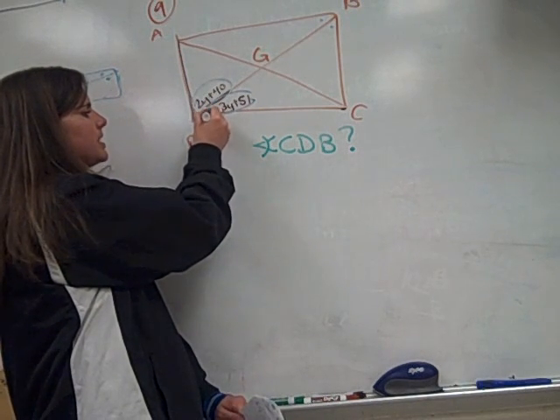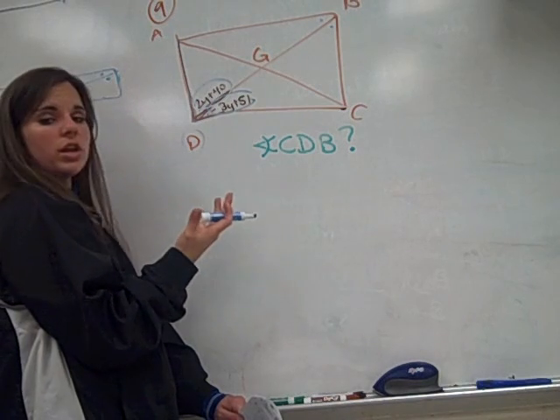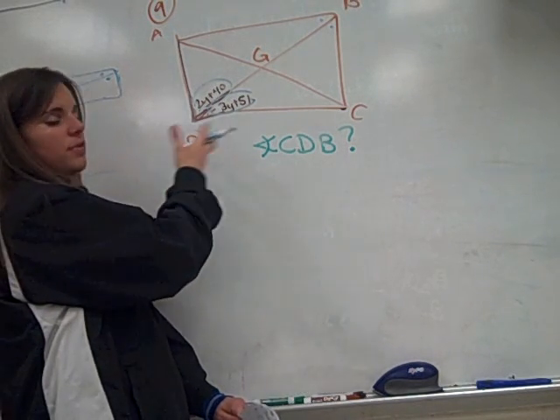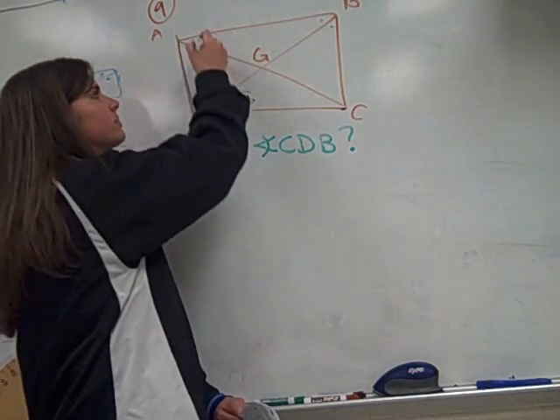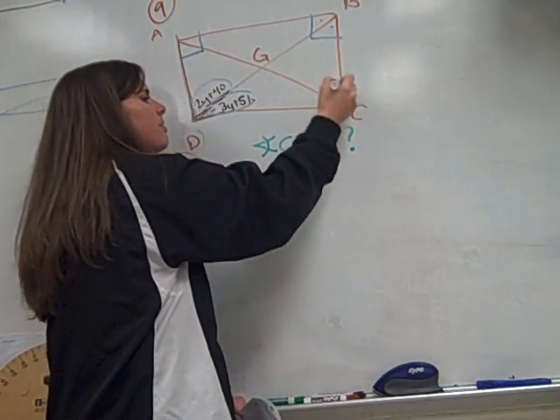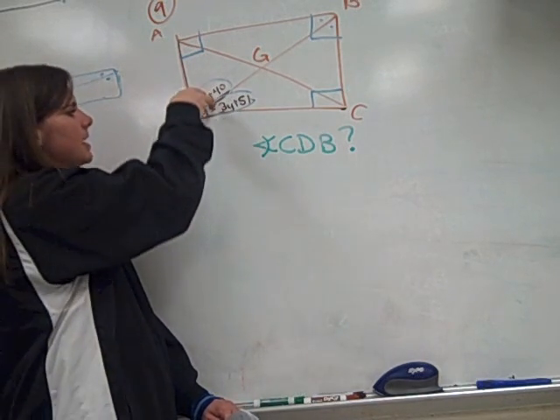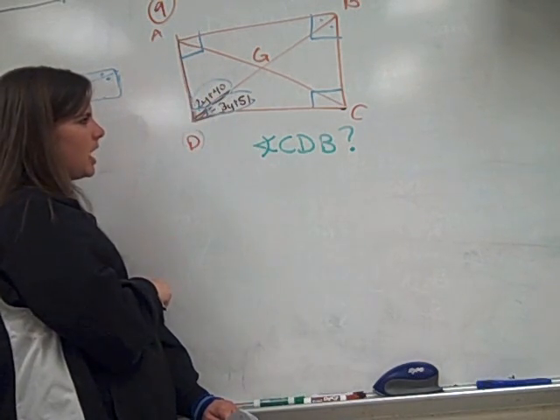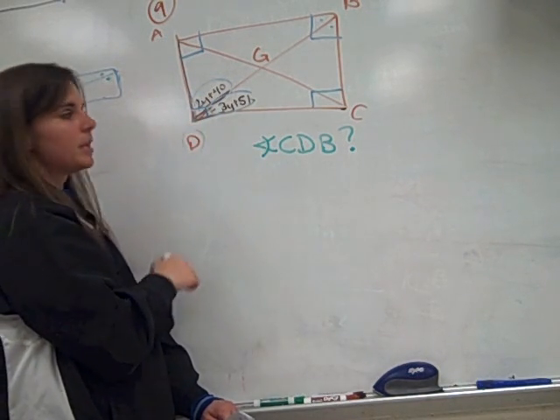What do you know about this angle and this angle? What can you say about them? What do you know about a rectangle? If you get stuck on here, just start writing stuff that you know about a rectangle. Here's one thing that everybody should know about a rectangle. All of your angles are 90 degrees. Take a look. Aren't those two angles making up that whole 90 degrees?